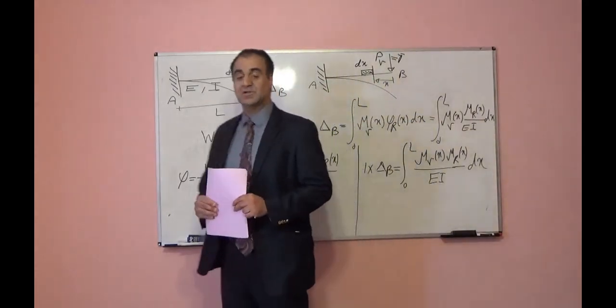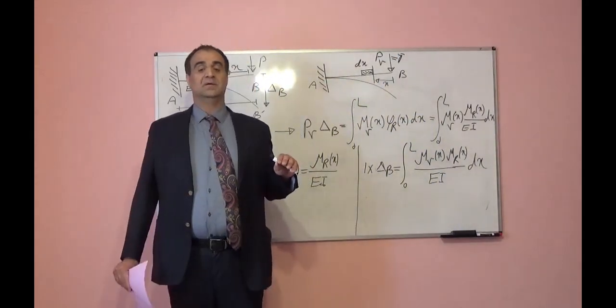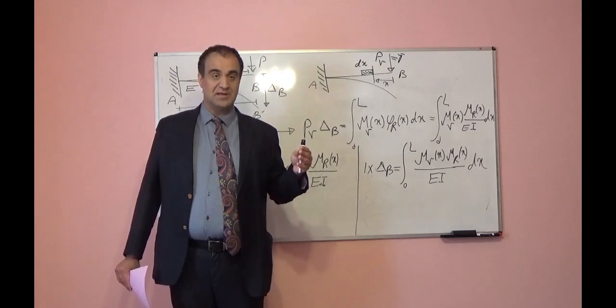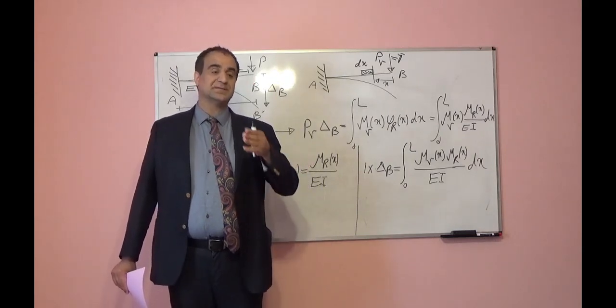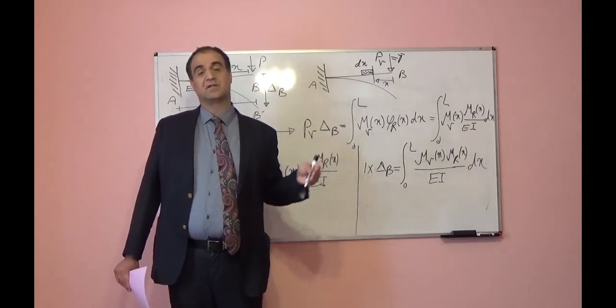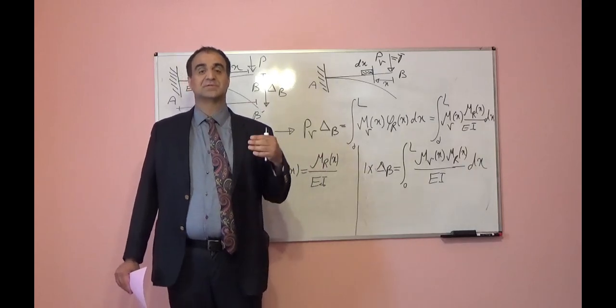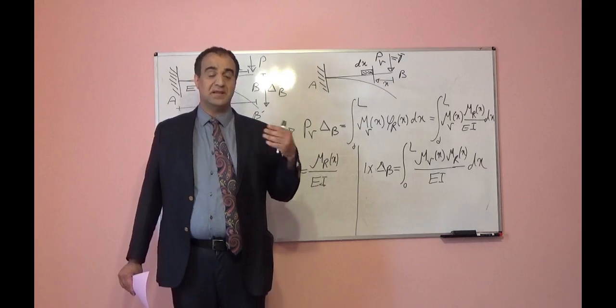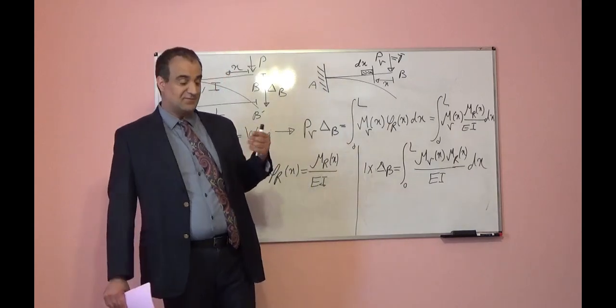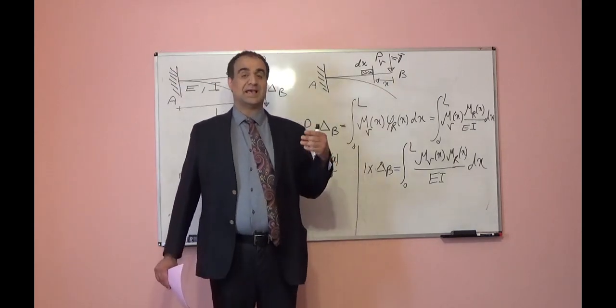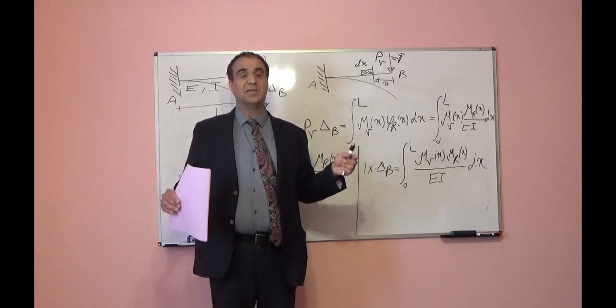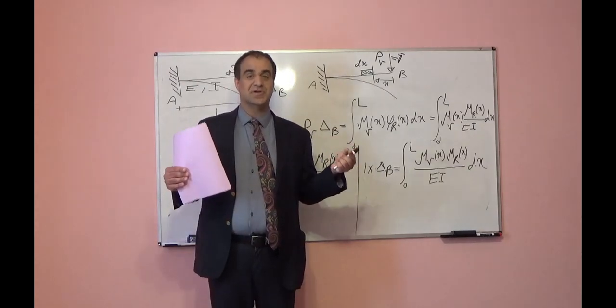Pay attention. For a beam, we have deformation because of several internal forces. We have deformation because of the shear force, we have deformation because of the bending moment, we have deformation for axial force. But for a beam, what is our axial force? It is 0.